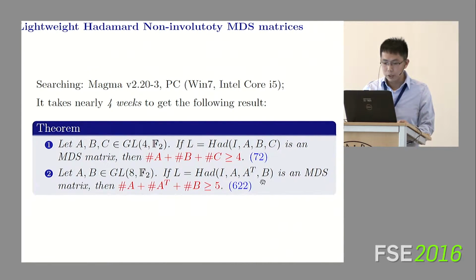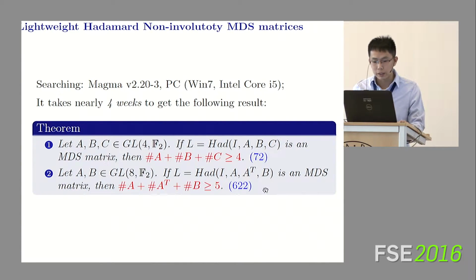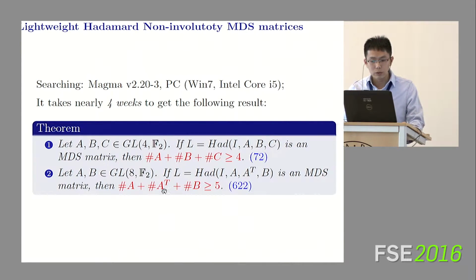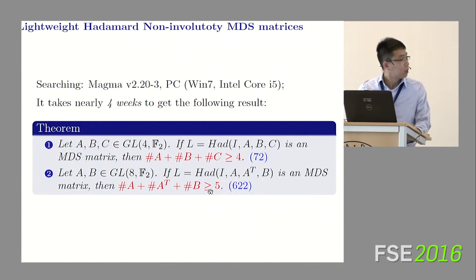And when m equals 8, we consider the Hadamard matrix of a special type, where the first row's entries are I, A, transpose of A, and B. For this special type, the lower bound on XORs of one row's entries is 5.